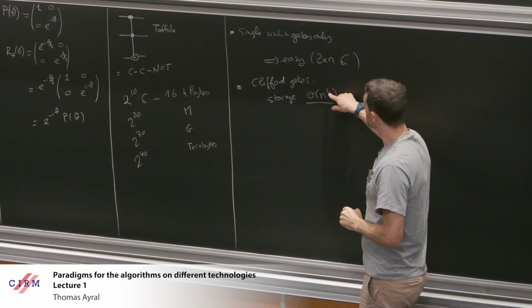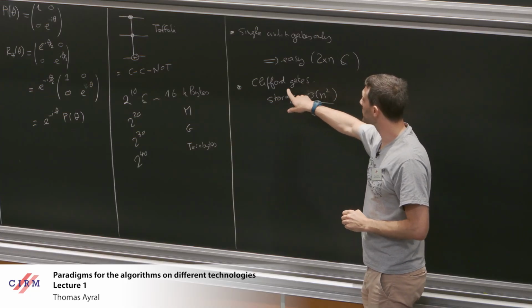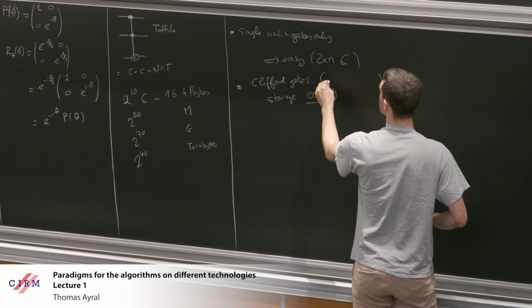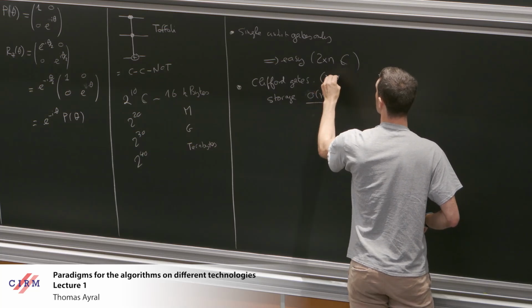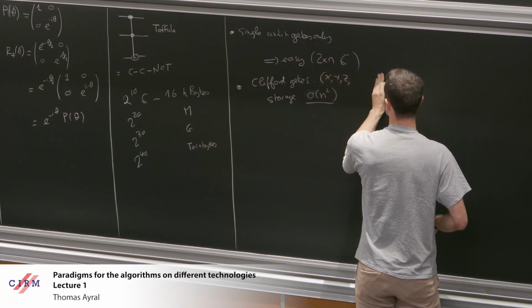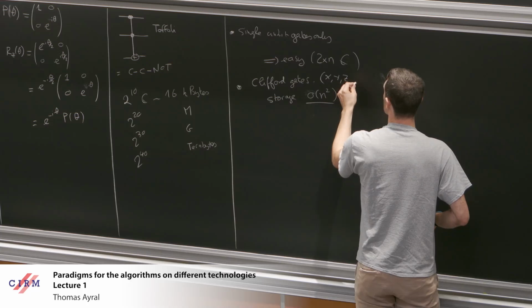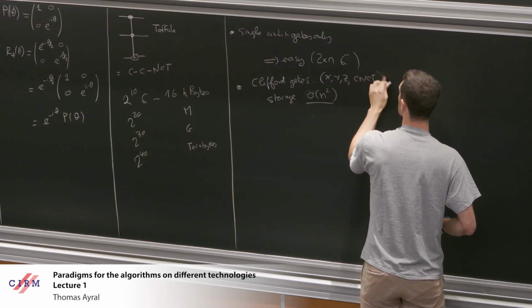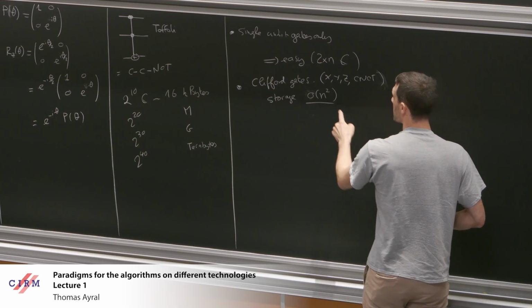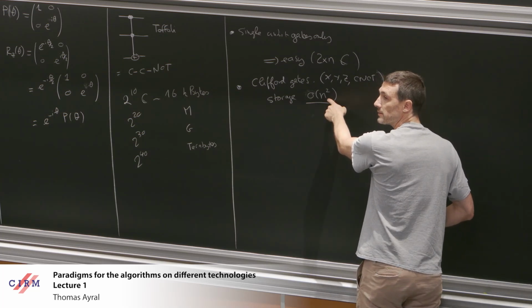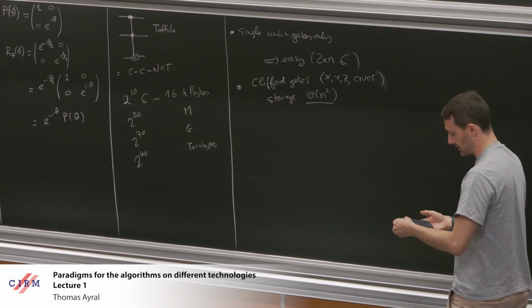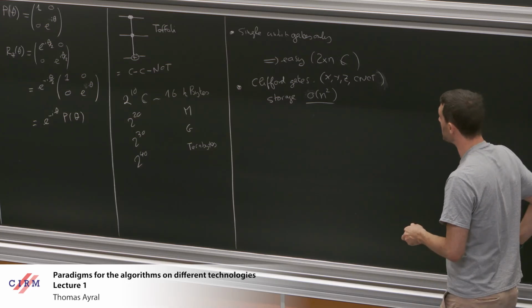So you see, instead of 2 to the n, now if you have circuits which have only Clifford gates, and Clifford gates, to give you concrete ideas, are essentially, for instance, if you have only x, y, z, CNOT gates in your circuit, then there's a clever way to store the state in only n squared numbers. Okay?